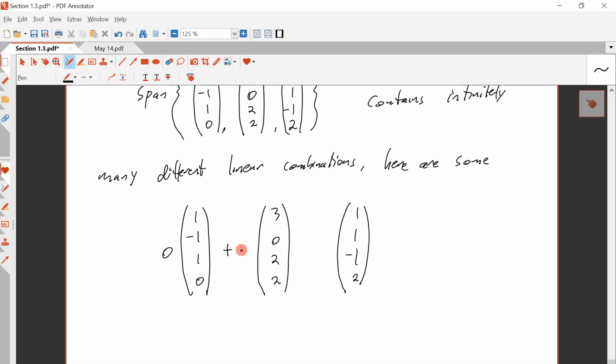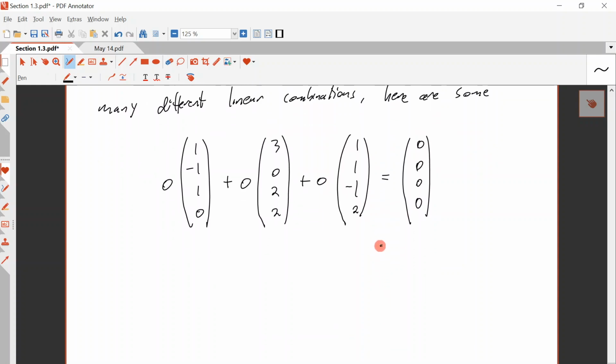Well, I could do 0 plus 0 plus 0, right? And that's going to add up to what? That's just going to be the 0 vector, right? So the 0 vector is always going to be in the span of a bunch of vectors, these 3 vectors or any other vectors, because you can always pick scalars 0, 0, 0. All right.